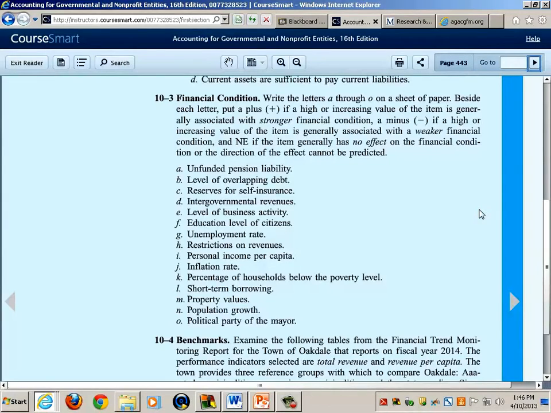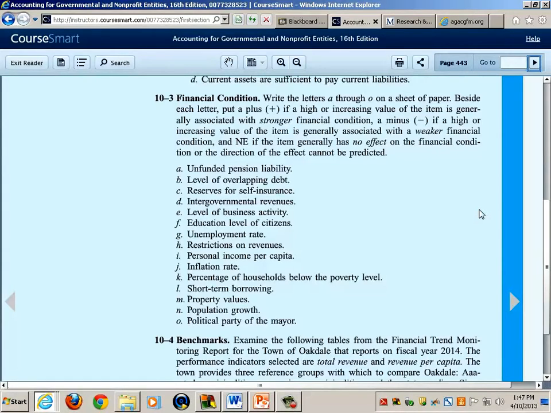Okay, so basically what you're asked to do is you've got three choices. You could put a plus if it indicates stronger financial condition, a minus if it's weaker, and any if it has no effect. Okay?